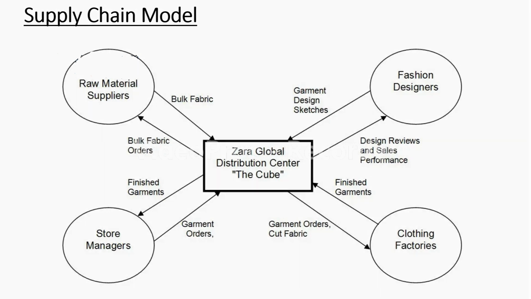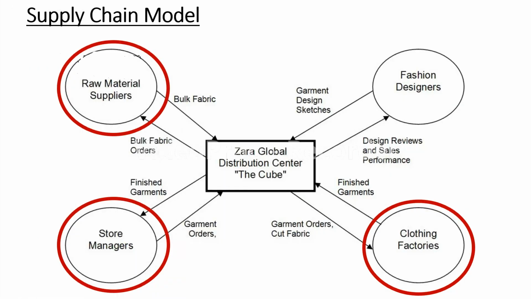So with that, moving into the supply chain model, the aspects that I'm considering in this transport optimization for Zara clothing: mainly I'll be looking into bringing raw materials from suppliers, transporting them to the factories, the manufacturing plants, and back into the Cube and to the store manager.